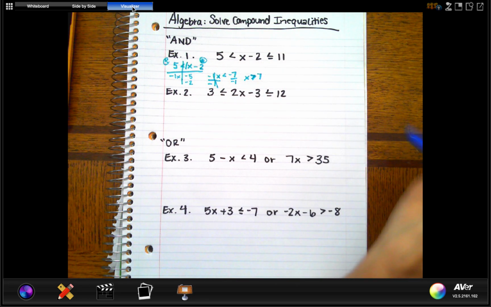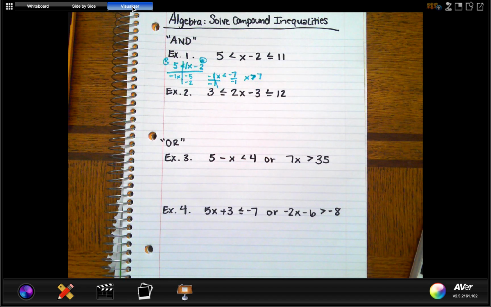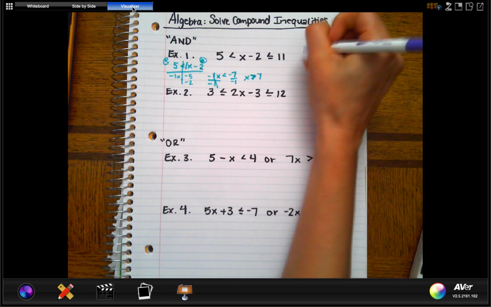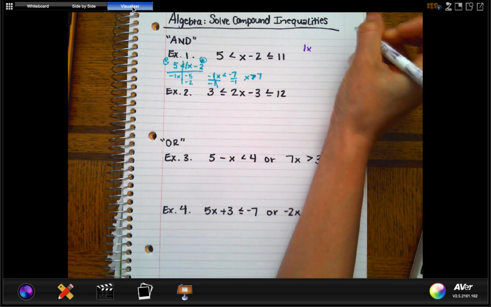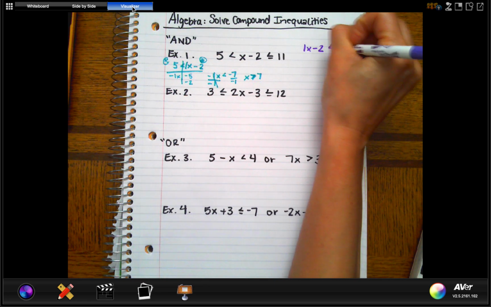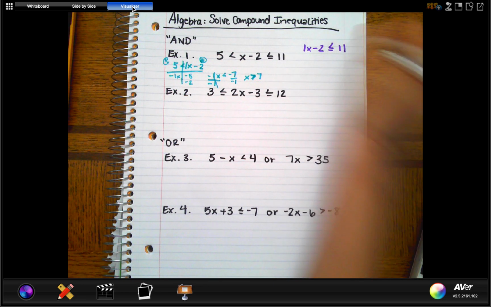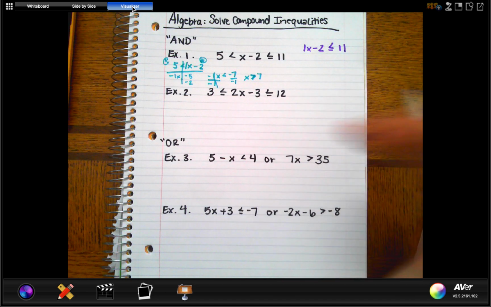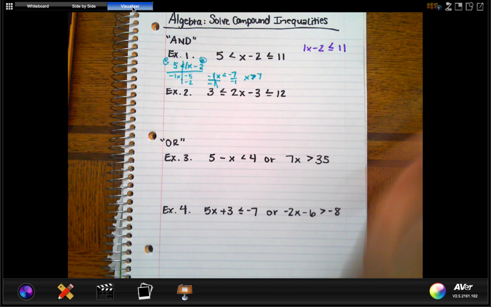Now, we also have to do the other side. We still have to solve the right side of the inequality. So we really have now 1x minus 2 is less than or equal to 11. Again, you can do this as a shooter problem or a chart. This time I'll use it as a shooter problem.